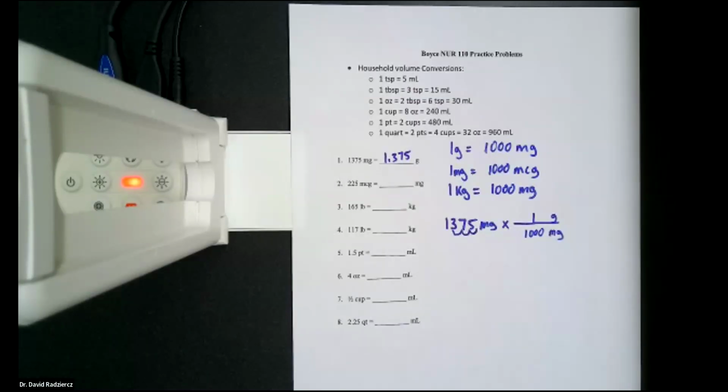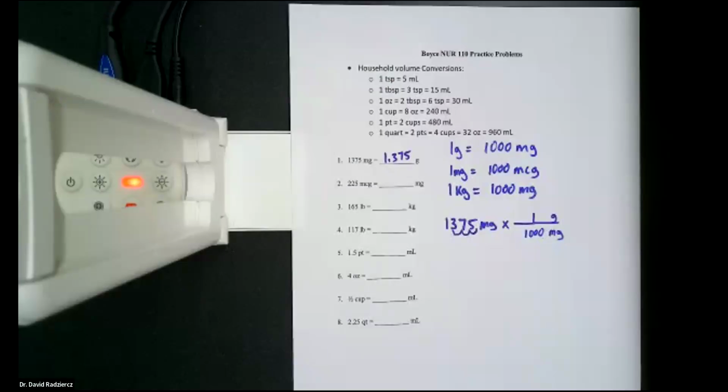I didn't round that to 1.4. So when you do basic metric to metric conversions, do not round. Okay. Just make sure, because that's another thing they'll dock you on if you round that number. Again, it's only metric to metric conversions that you typically are going to be focusing on with that.